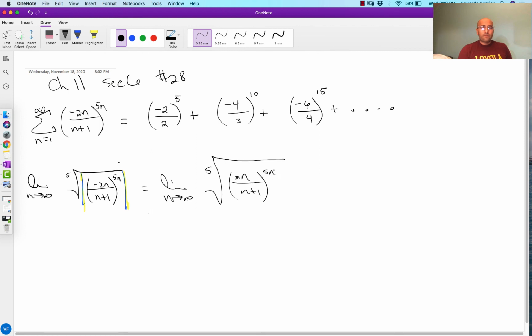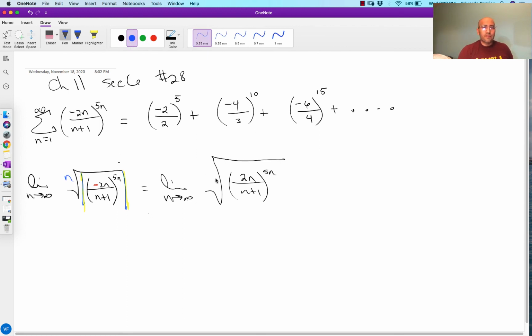The thing that oscillates between positives and negatives is the negative sign, so the absolute values just got rid of that. That looks kind of ugly here, so let me change this to 2n. Now that we applied the absolute values, we get this, and sorry, mistake: we want the nth root of this, not the fifth root.